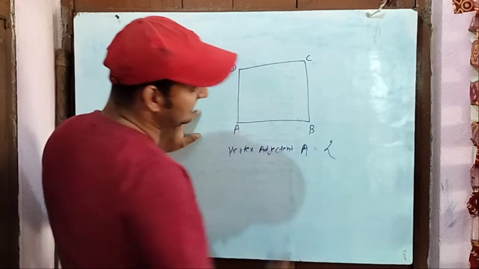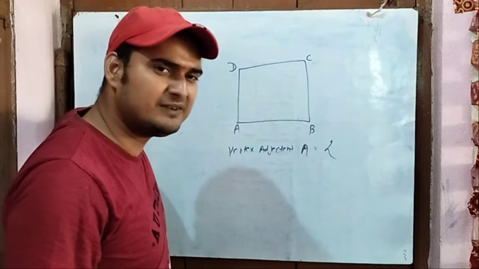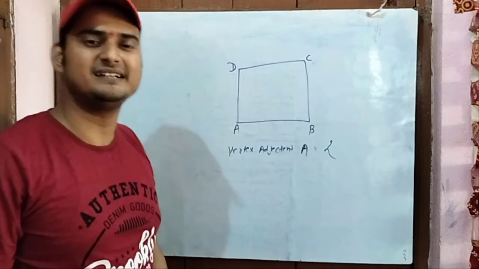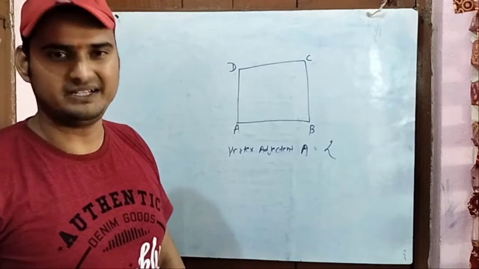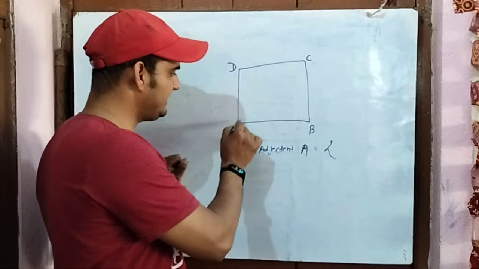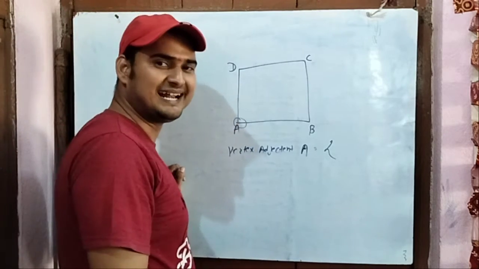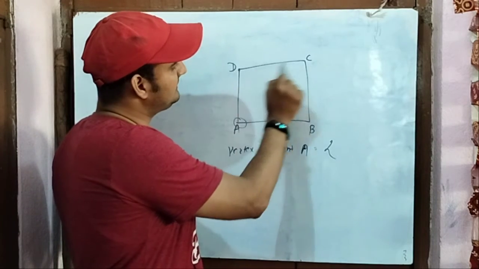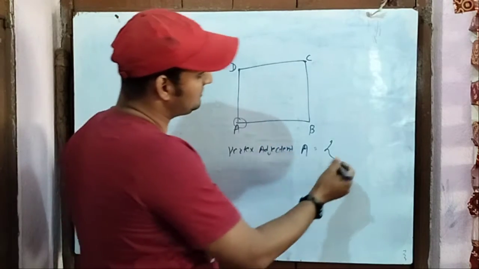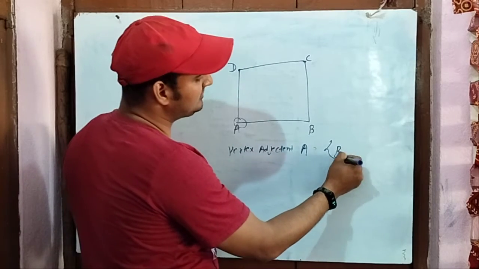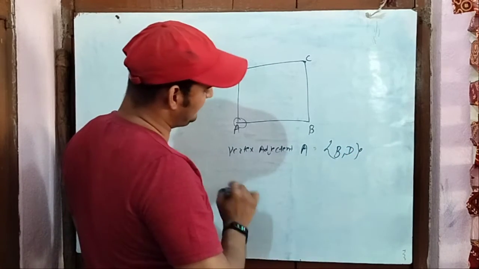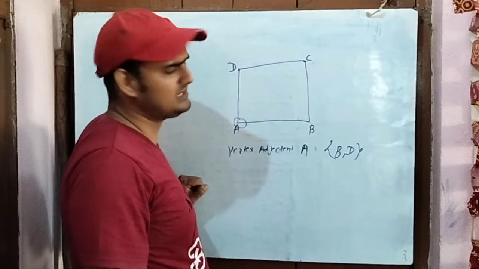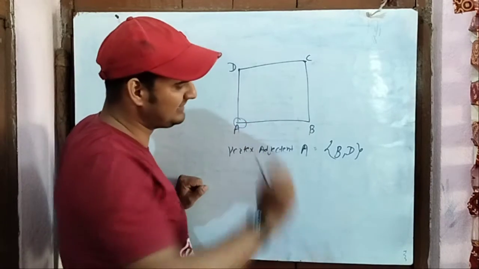Adjacent vertices are those vertices which are directly connected to a particular vertex. The vertices directly connected to A are B and D. If I ask whether C is adjacent to A, you can say no, it's not directly connected, so it's not an adjacent vertex.